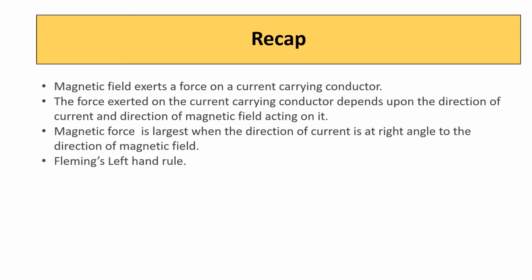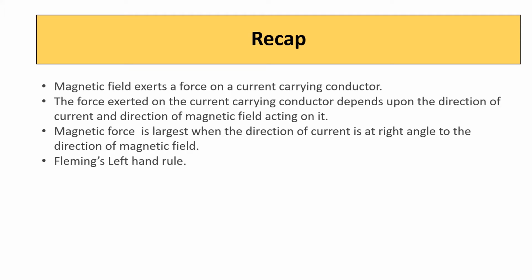In this class, we learned about the force on a current carrying conductor. When electric current passes through a conductor, a magnetic field is produced around it. If this is placed in the vicinity of another magnet, the magnetic field will exert a force on this current carrying conductor.